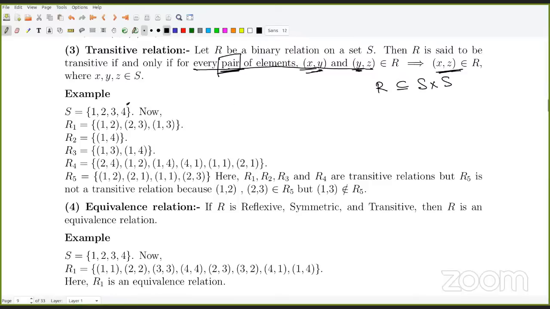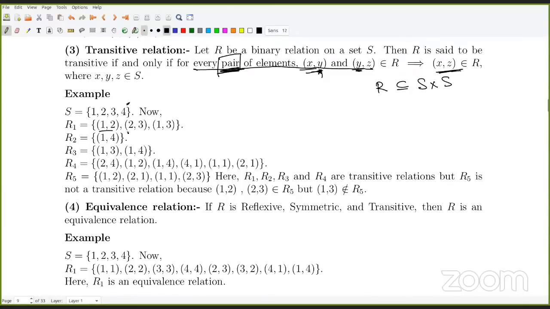So what is the primary thing to pick? I have to pick a pair of elements such that the last element in the first pair and the first element in the second pair should be the same. So I will just check for those pairs.